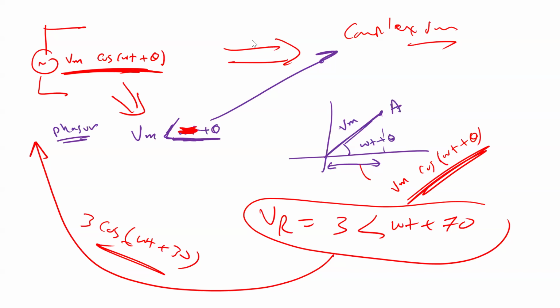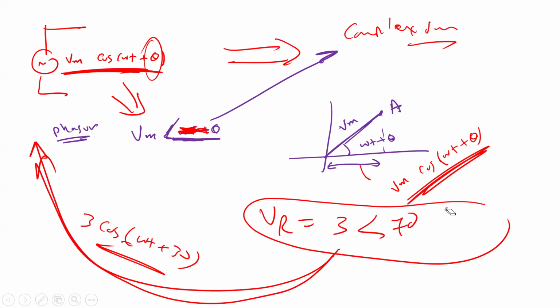So if you have Vm cosine omega t plus theta, when I convert it, I'm going to use Vm with angle theta. I'm only going to take theta. However, when you do the opposite, when you come back from here to here, I need to compensate. I have to add omega t back.